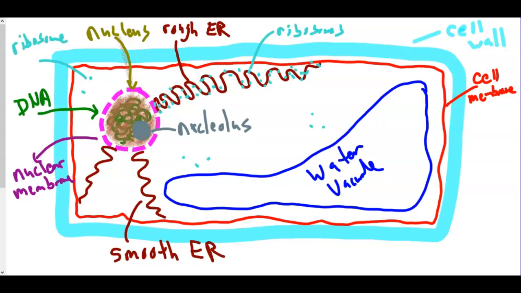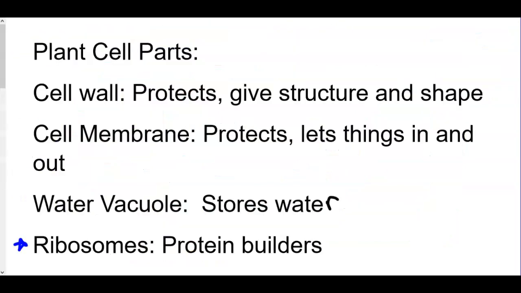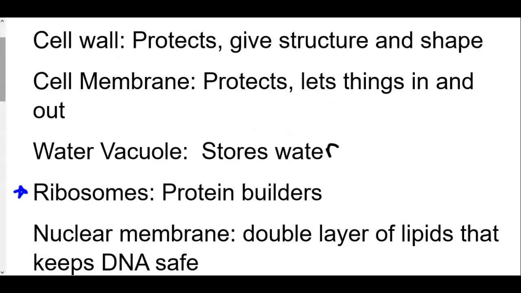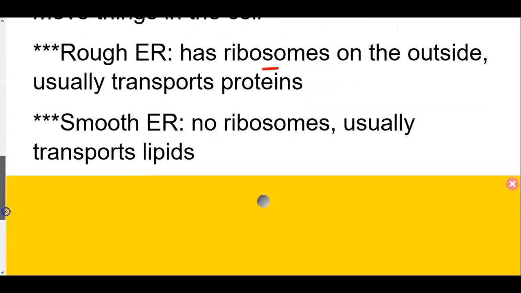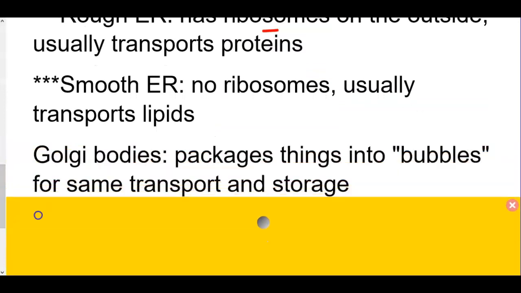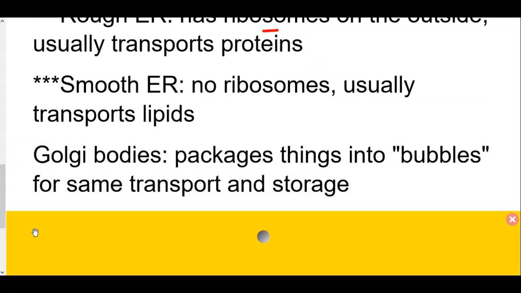Okay, so our next cell part we have down here is something called Golgi bodies. And in some textbooks, this might be called the Golgi complex, or just Golgi for short. It's all the same thing.